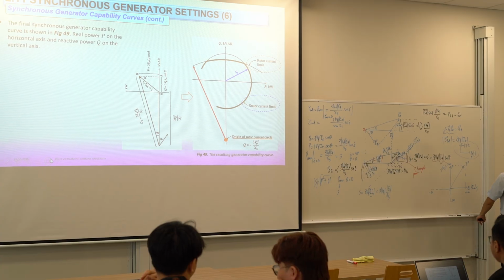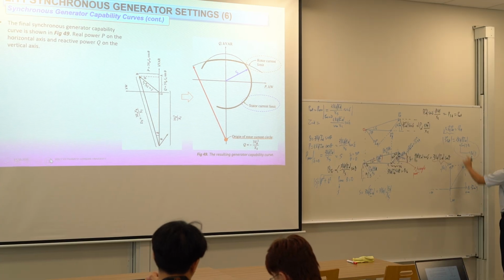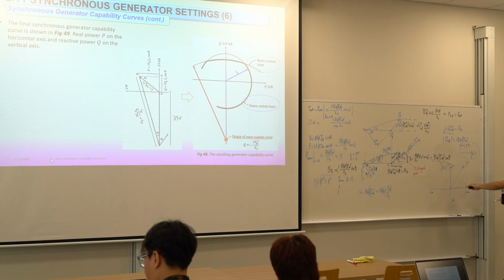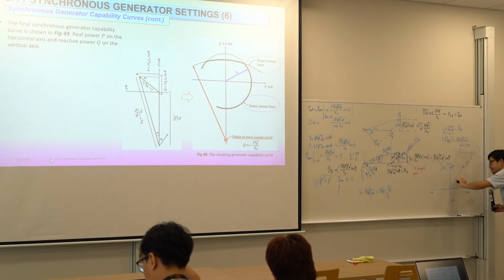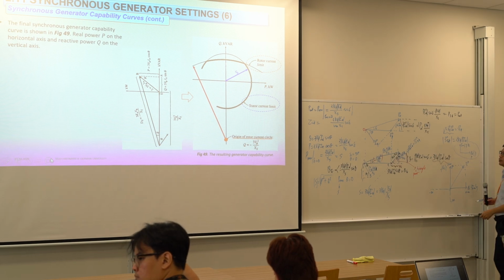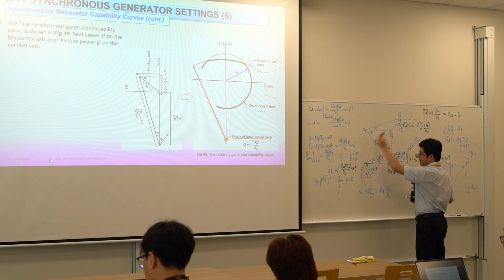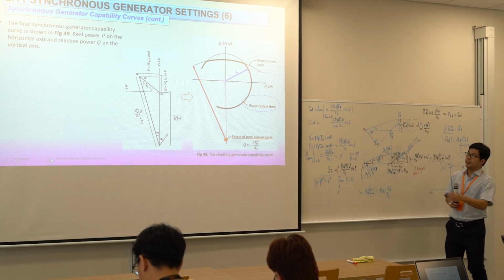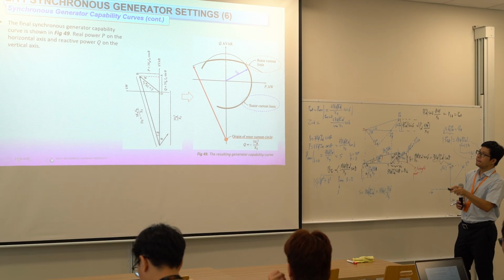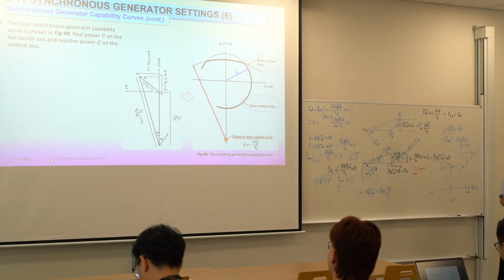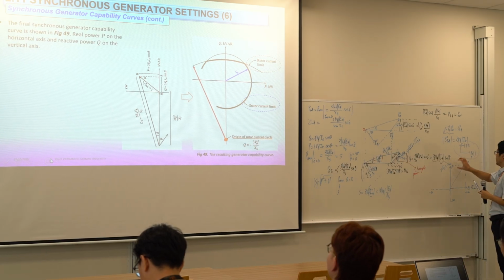Why? Because now we would like to get this one, so Q should be here. So when we rotate 90 degrees counterclockwise, that means we rotate this power diagram 90 degrees. You get this one? Okay, so now we make sure here is Q.